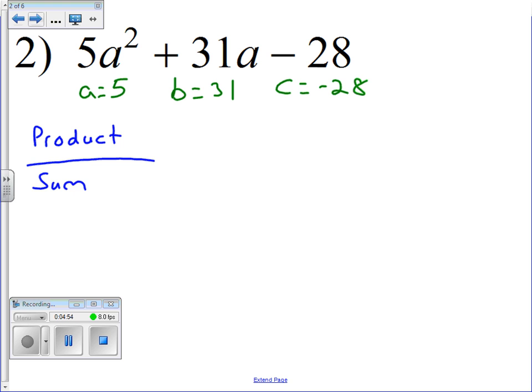So the product will be a times c, which is 5 times negative 28. And 5 times negative 28 is going to give me negative 140.